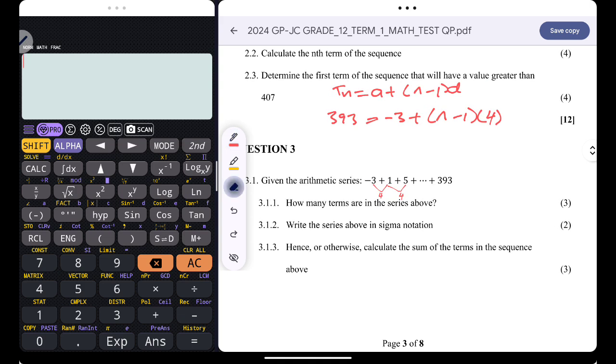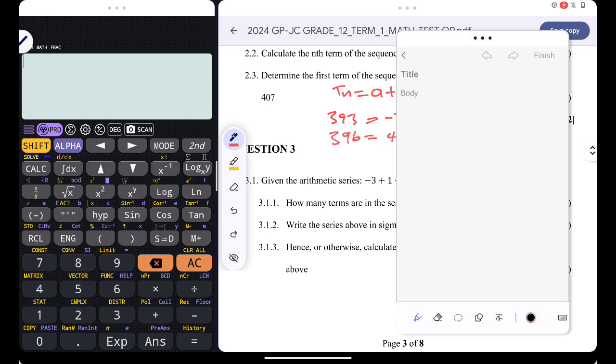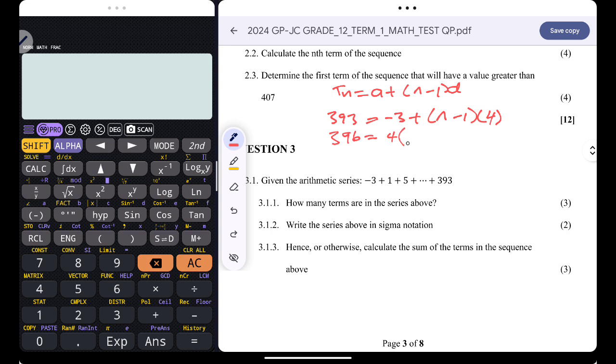All I need to do here, guys, is to just solve for n, right? Whenever I take the negative 3 to the other side, it will be positive. I'll end up having 396 is equal to 4 multiplied by (n minus 1).